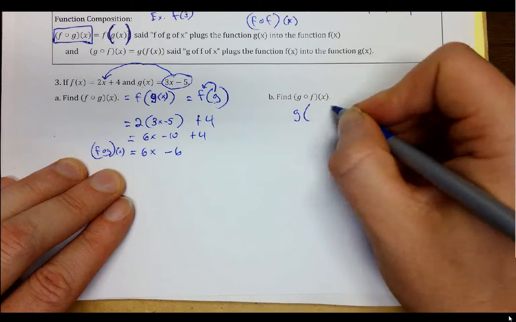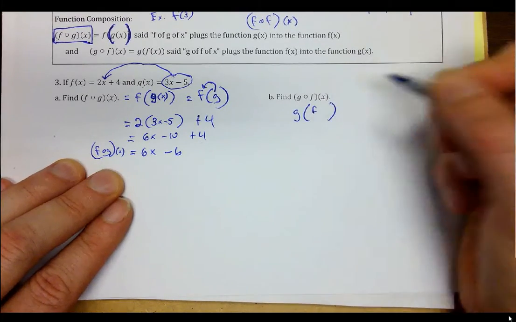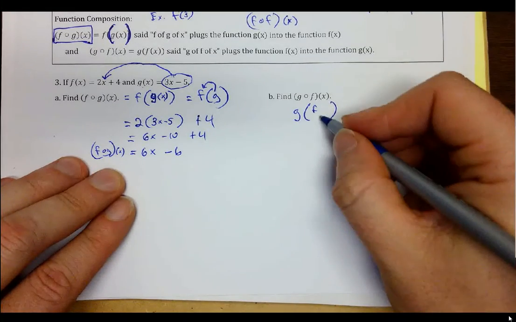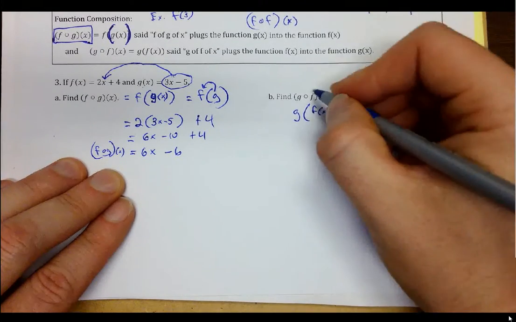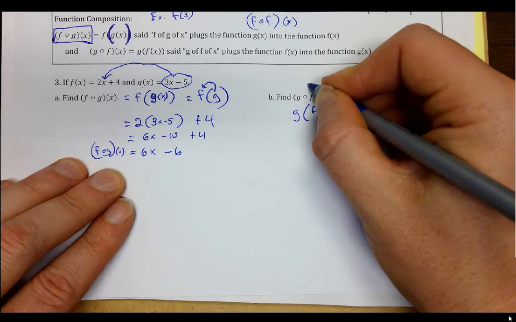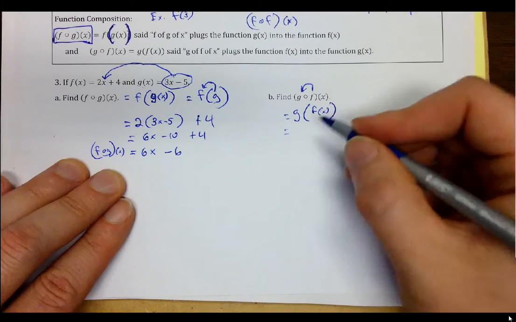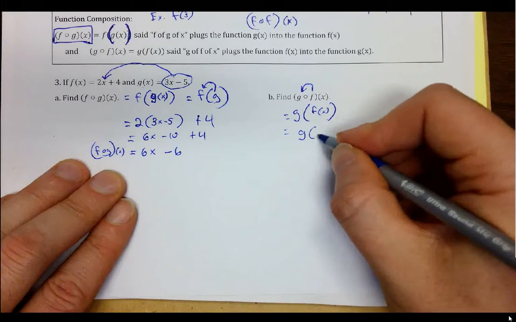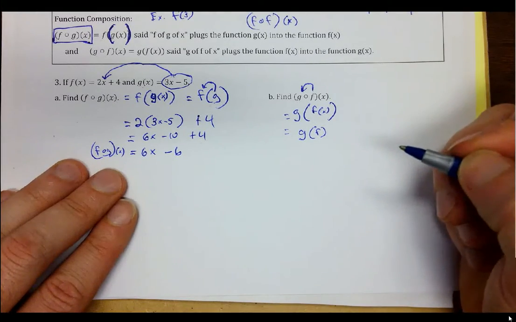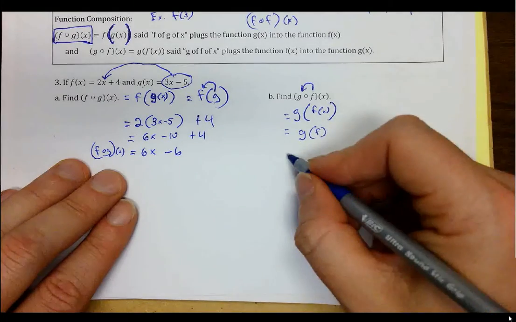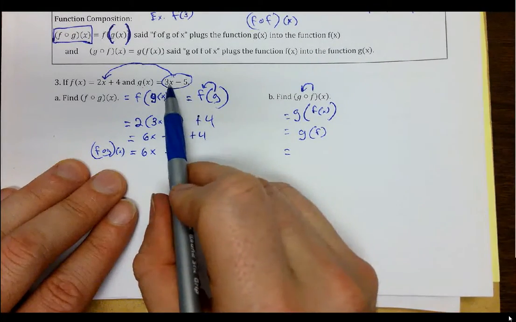So g of f means take f, take that second function and plug it into g. Again, if you don't like writing it with x, you just write g of f if that makes it easier for you. So again, I'm going to write my g function, which was 3x minus 5.